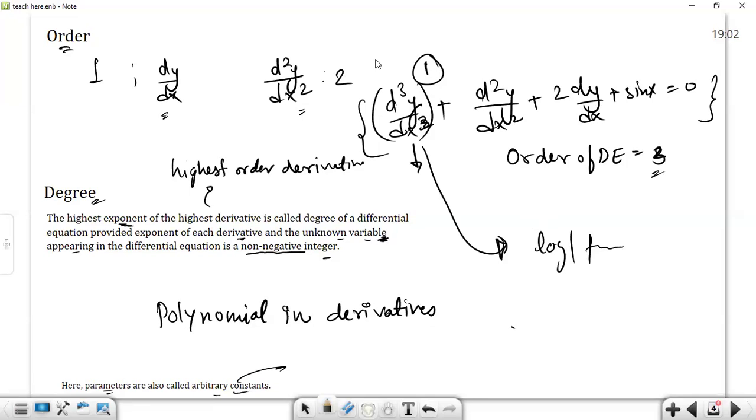Yes, sir. Yeah. So talking about degree. For degree, there are certain conditions, but first let's understand it in simple language. It is the highest exponent. Exponent is what? Power, like 2's exponent here is 3, 2's exponent here is 100. So the exponent of the highest order derivative. Let me correct the text.